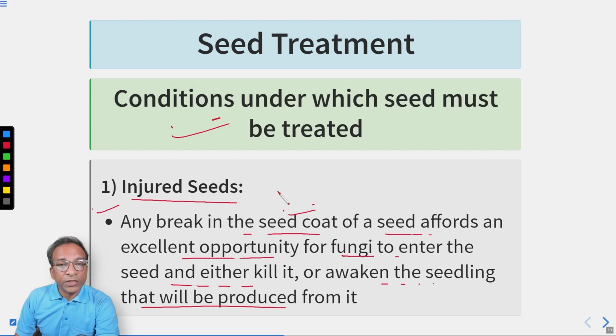How? Because fungi or bacteria can easily enter the seed since the tissue is broken down. So in that case, it is very important that we treat those seeds with fungicide, right?